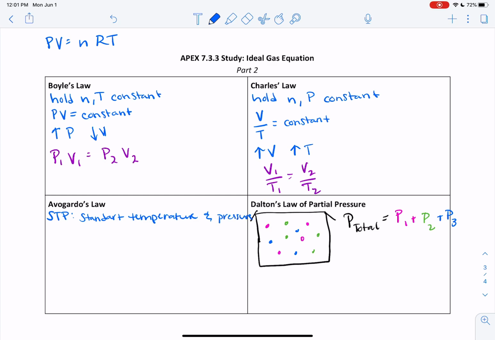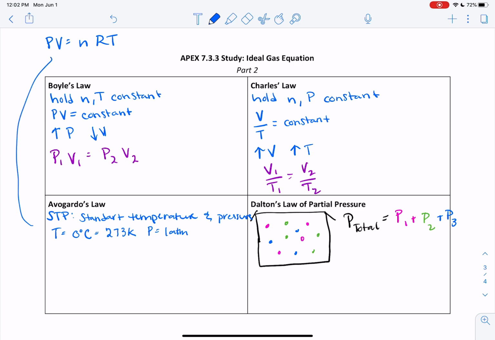Okay, and what this means is scientists use a specific temperature and pressure when they're looking at different types of problems. And that standard temperature is going to be 0 degrees Celsius, which we know is equal to 273 degrees Kelvin. And the pressure is 1 atmosphere. Okay? So this is called STP.